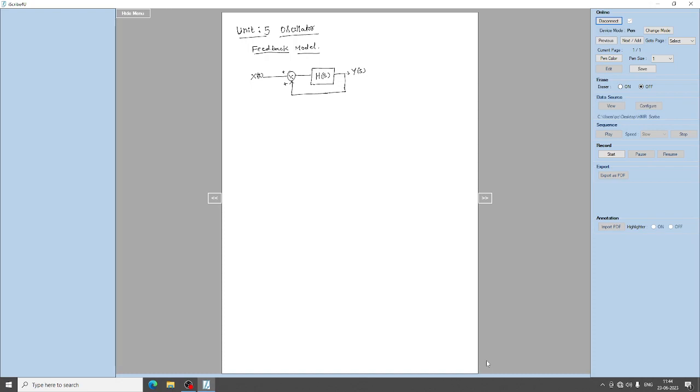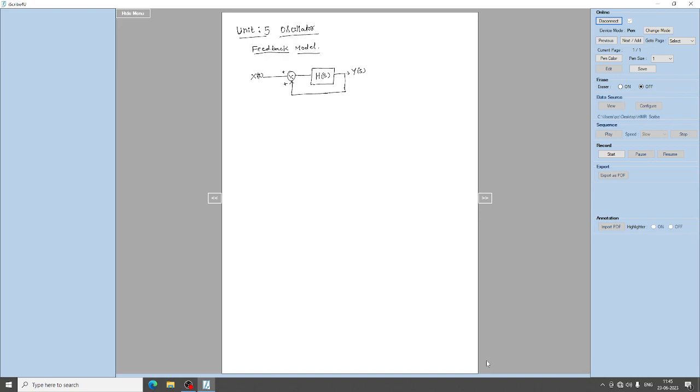We know that an oscillator produces a periodic output, especially in terms of voltage, without having any input. So how does it produce a sustained output indefinitely, right? To analyze that, we are going to analyze this feedback system. We know the transfer function of this feedback circuit.